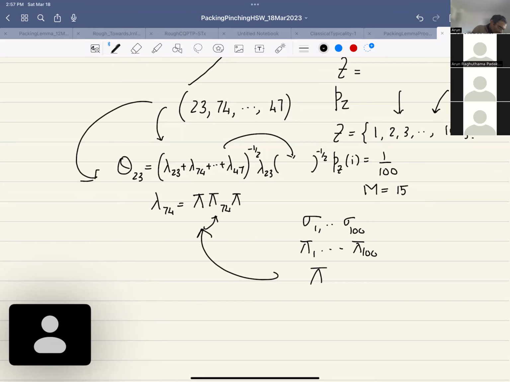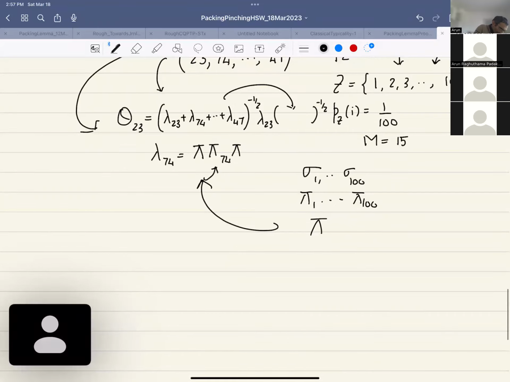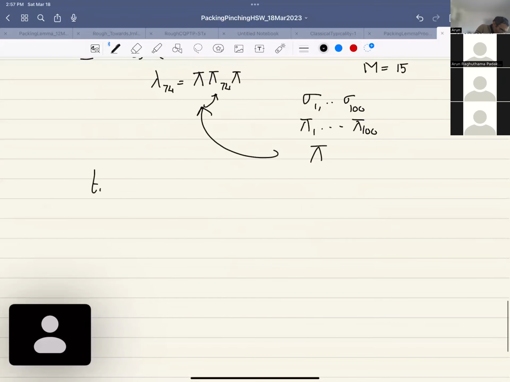Now I will evaluate the trace of I minus theta m rho cm. I do this with 1 by m, summation m equal to 1 through capital M. Here my M is going to be 15.